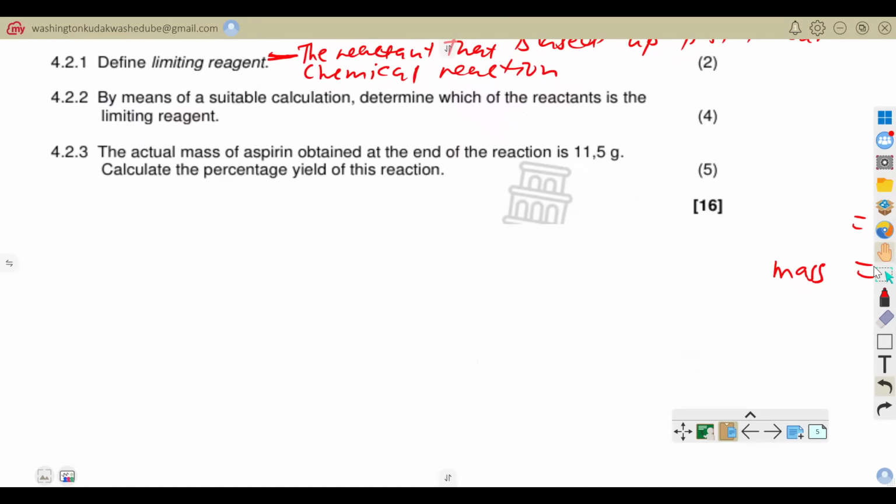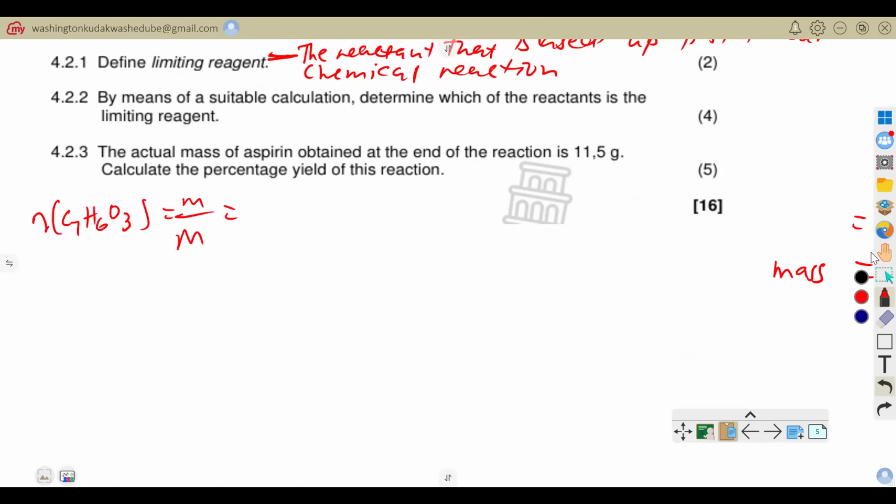So here, I need to determine the number of moles of salicylic acid first. The number of moles of salicylic acid, C7H6O3, would be given by the mass over its molar mass.